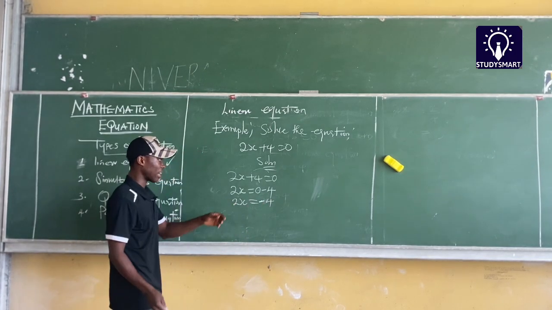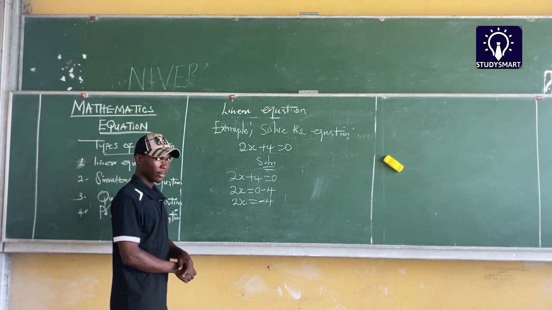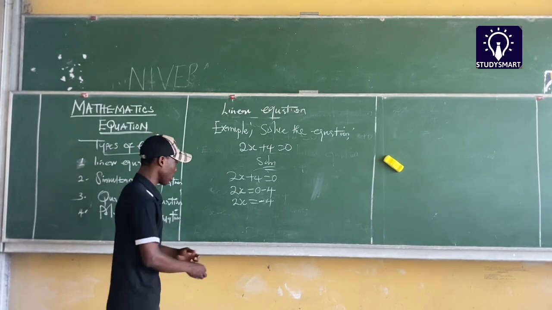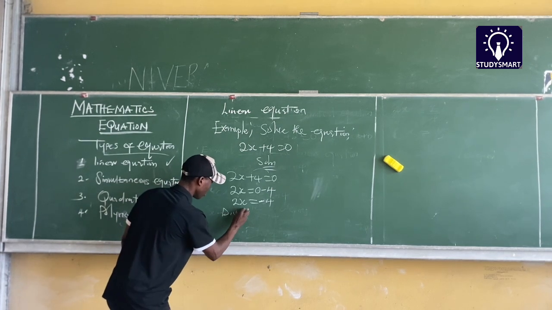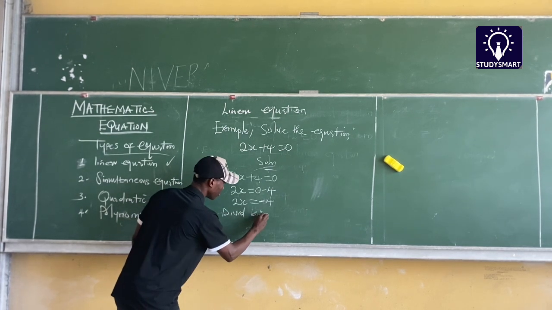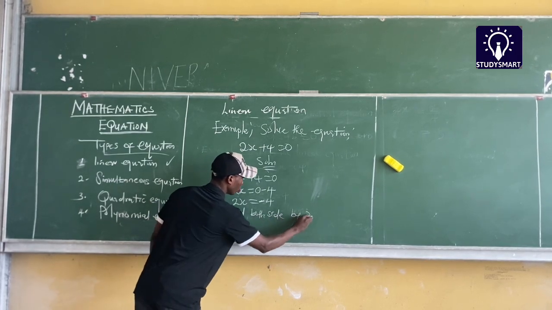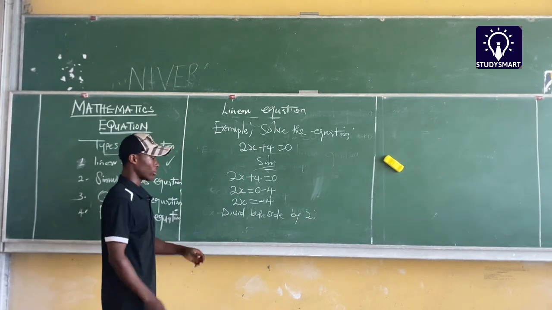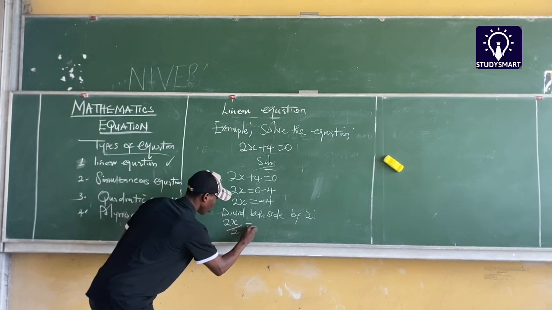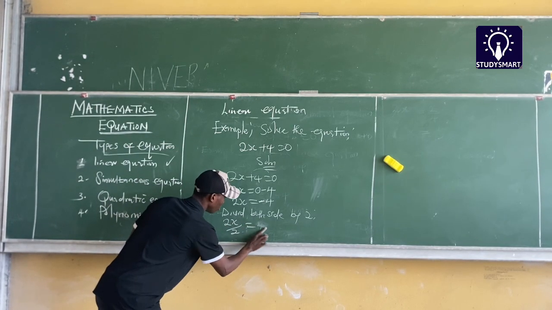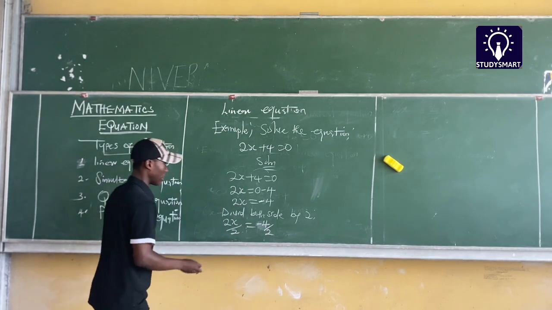And then if I divide both sides by the coefficient of x, by 2, which is the coefficient of x, I'll be having 2x over 2 equal to minus 4 over 2, right?